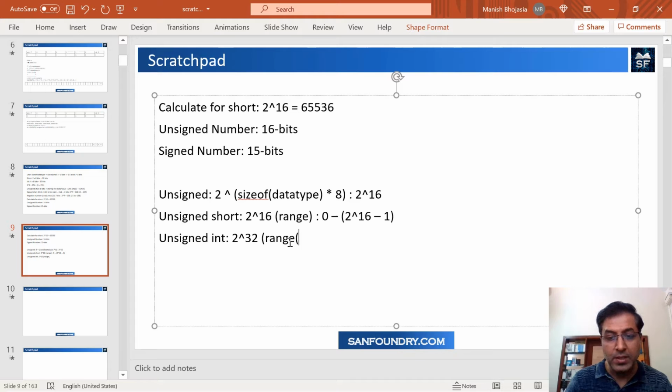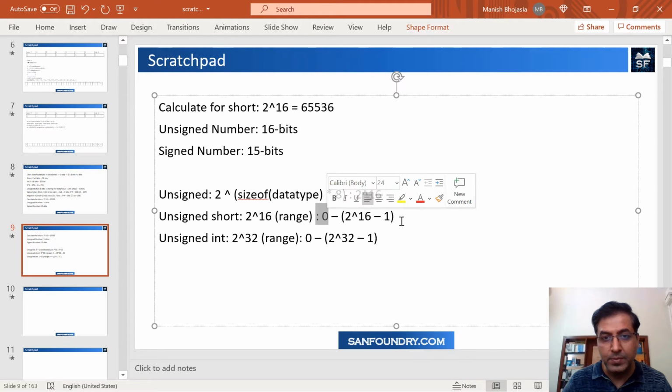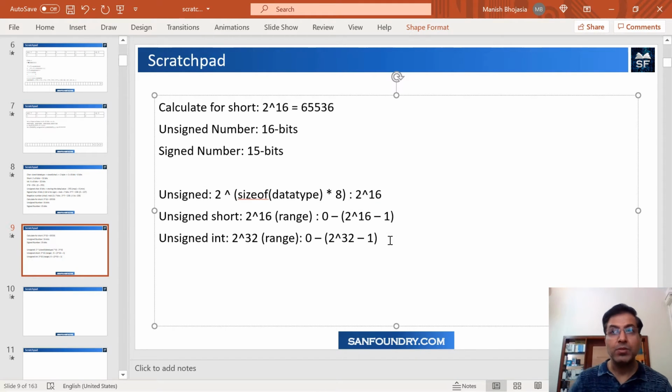When you say the range of values, we always start with 0, so it is 0 to 2 to the power 32, and then you minus 1 for that range, because we started with 0. So far so good. So you can know this is the minimum value and this is the maximum value for an unsigned data type.